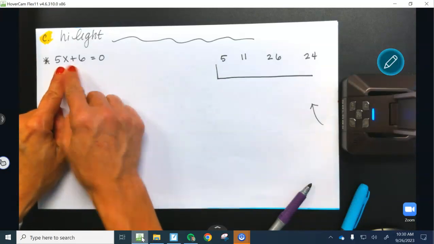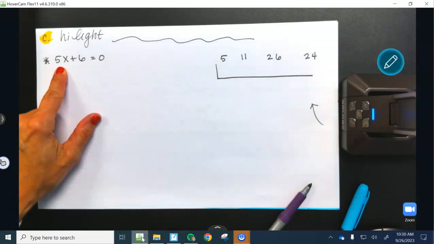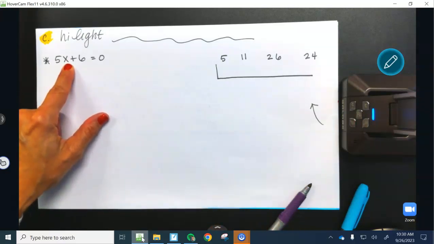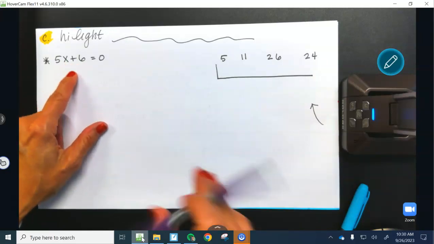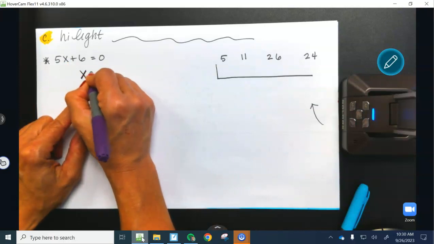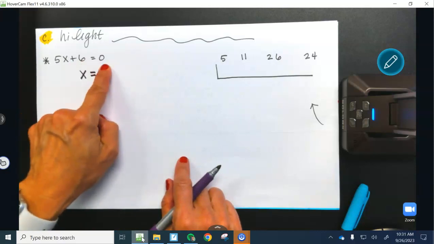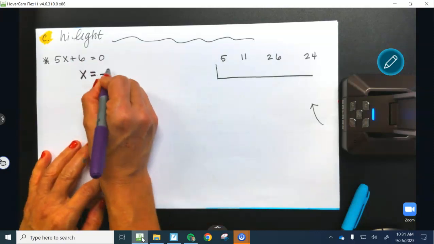This 5x plus 6, by the way, it only works with the exponent of 1. If that was 5x squared, I'd be forced to do long division. But it's to the power of 1, so I can cheat a little bit. Y'all, let's solve for x. Let's set that equal to 0 and solve for x. What is that going to be? What happens when I move this positive 6 over here?